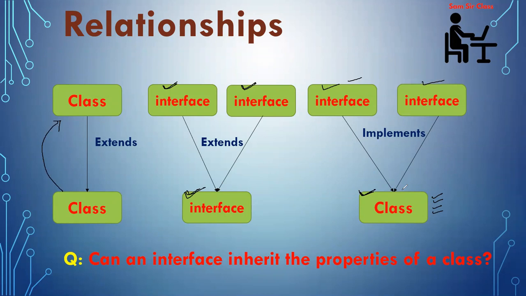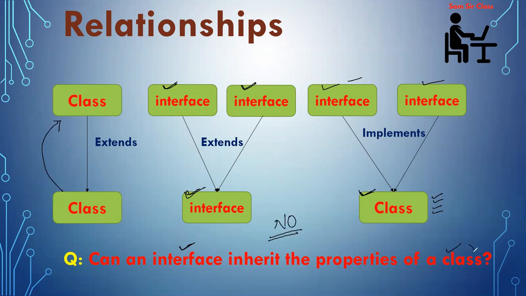Now here comes an important question. A class is implementing an interface, a class is inheriting the properties of a class, an interface is inheriting the properties of an interface. Can one interface inherit the properties of a class? The answer is no. Why?